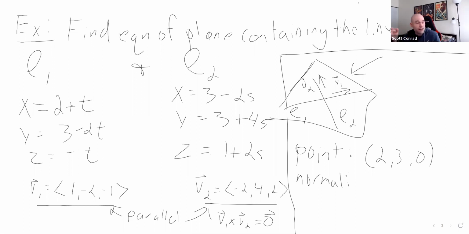And the zero vector is not a valid normal vector for a plane, right? Because the zero vector is not perpendicular. It doesn't have a direction, right?